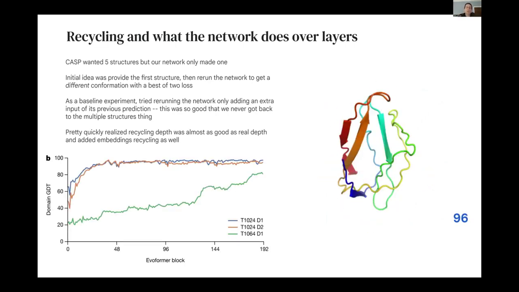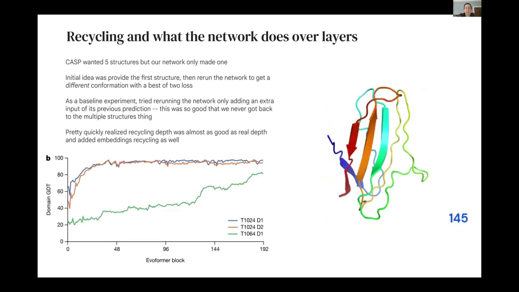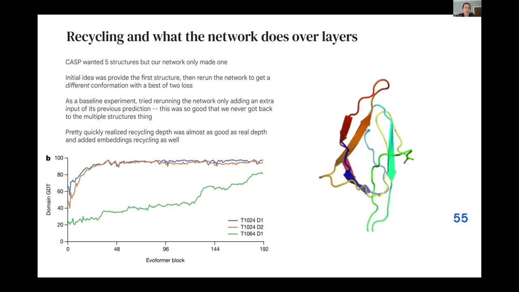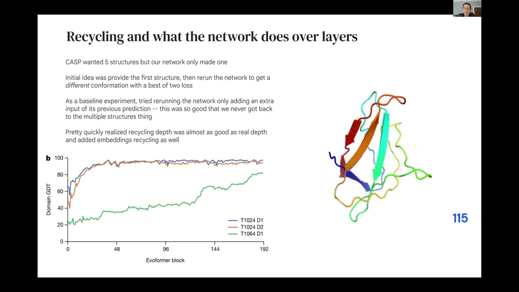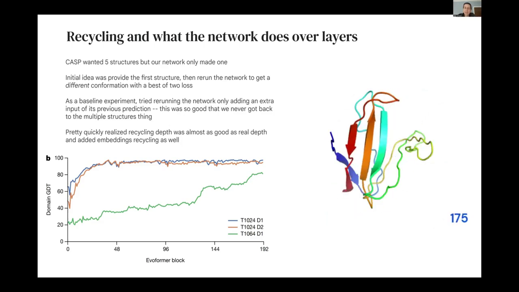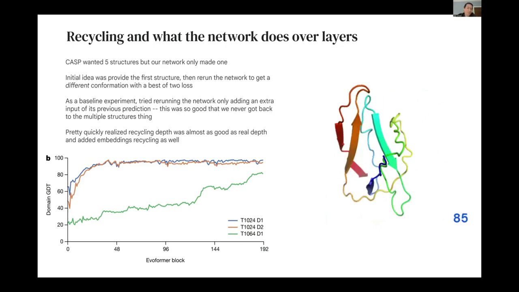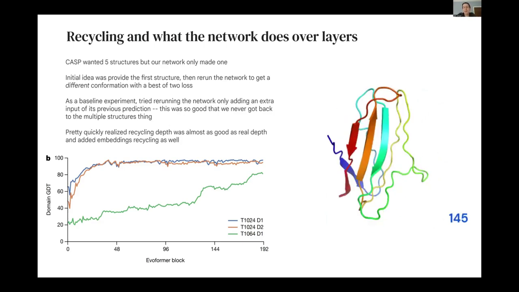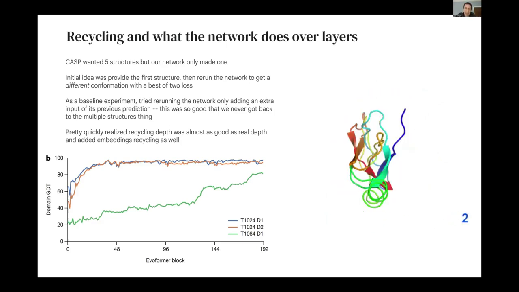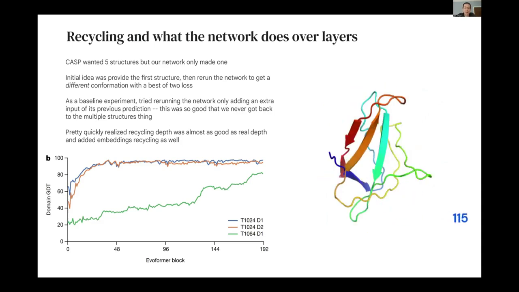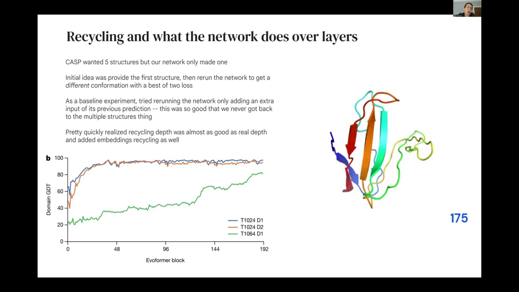And so this was a lot of the ideas, I would say, and a lot of the iteration that got us toward AlphaFold. But recycling was actually one of the last to come in. And this one is pretty directly due to CASP. And more specifically, that CASP asked for 5 structures. And of course, our network was only producing 1, and sometimes it was quite low diversity.